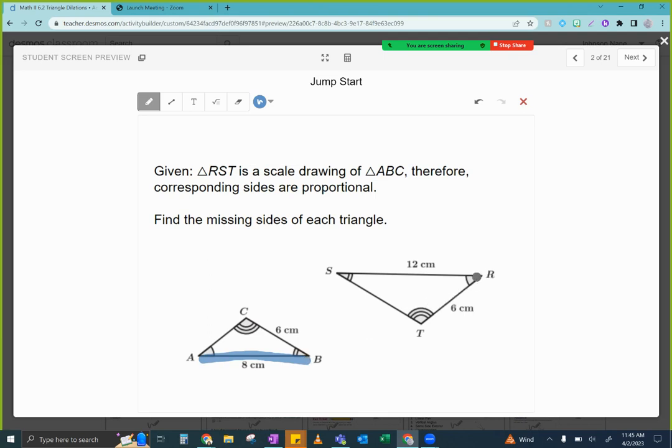If you said RS, you're completely right. But here's why. What I look for is these arc marks here. You have 1 and 2 at the angles that are adjacent to this side. 1 and 2, right? So that has to match that.